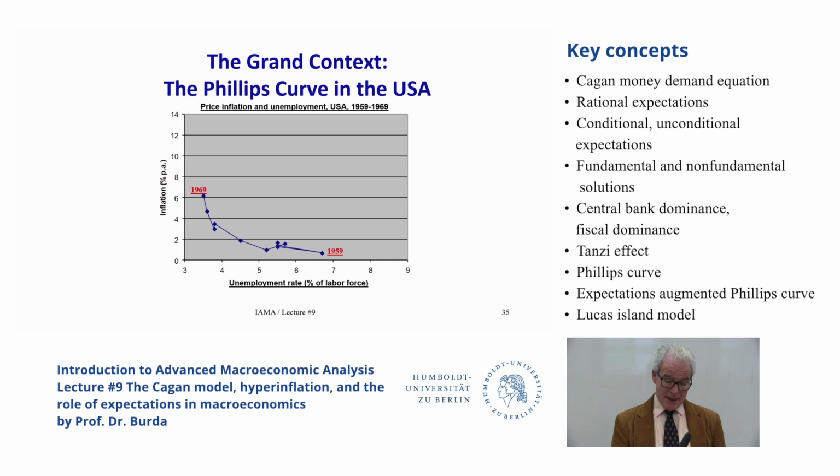In 1969, Richard Nixon was elected, and Richard Nixon promised lower inflation because inflation was high, like it is in the United States now. And Richard Nixon promised that he would do whatever it took to get inflation down again. And his notion was, all we have to do is cut back on government spending, increase taxes, and everything would just slide down the Phillips slope, and we'd be back to where we started again.